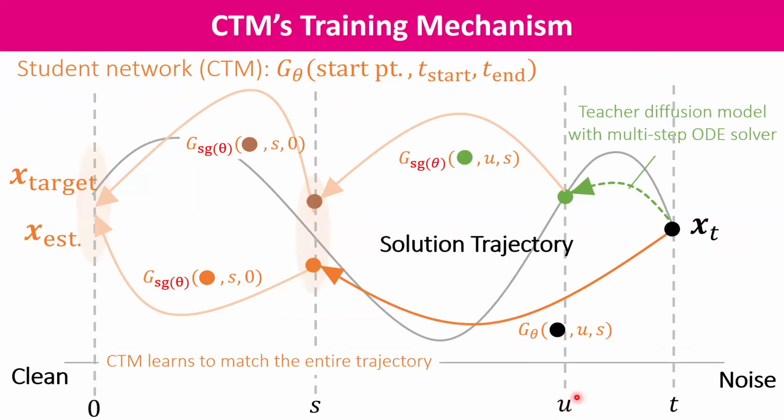Yeah. In the training, the T is randomly chosen. Everything is random once U is lying between S and T. Okay, so the U can also be very close to the capital T in training. Yeah, it's totally random. Okay, thank you.